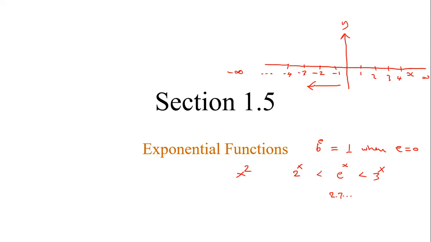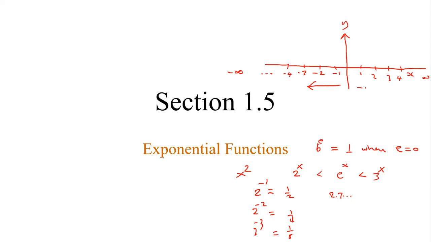If I put 2 to the power -1, that's going to be equal to 1/2. 2 to the -2 gives 1/4, and 2 to the power -3 is equal to 1/8. So it's decreasing if I move to the left.